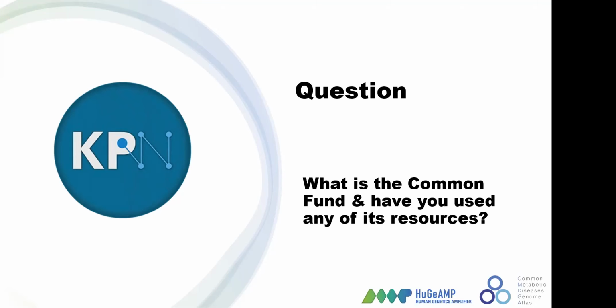Yeah, so I've been doing some research into this to learn a little bit more about different subsectors of the Common Fund. You want me to talk about it a little bit, or what would you prefer? I would just like a quick 2 sentences, what you know about it, and have you used any of its resources? Yeah. So I haven't used the data sets as such.